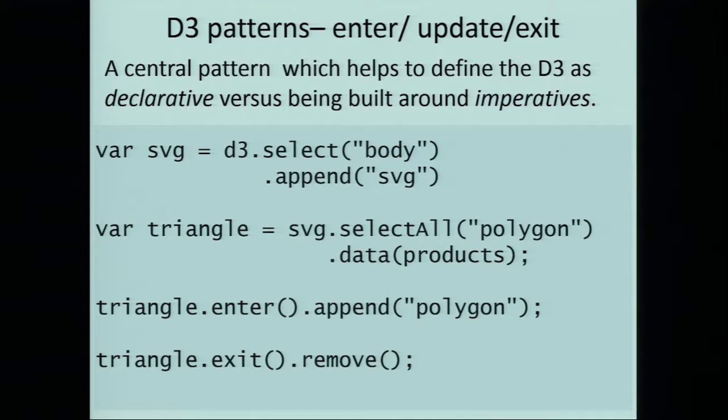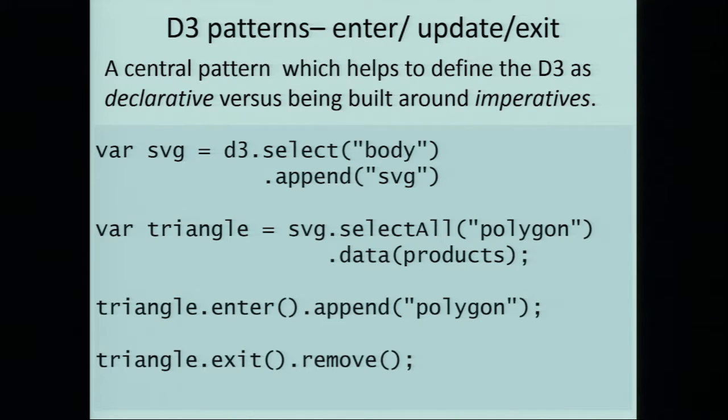Here's an example of how to use it. First I have a select statement, and I'm going to select the body. This is a typical HTML body. I'm going to append an SVG element onto it. Then I'm going to take the SVG that I define here, and say, okay, select all the polygons. And now put some data.